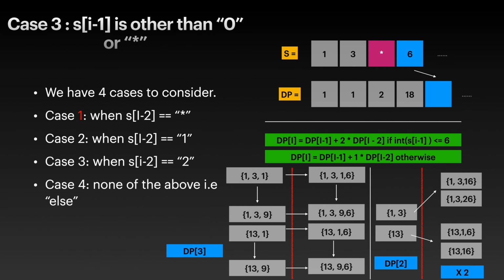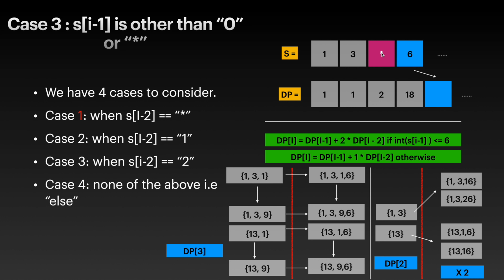Okay, so now we have case 3. So we have big case 3, and then we have 4 subcases to consider. So this part is other than 0 or asterisk mark. Let's just say we have 6. Now if this is 6, then we have this case. So we are on case 1.